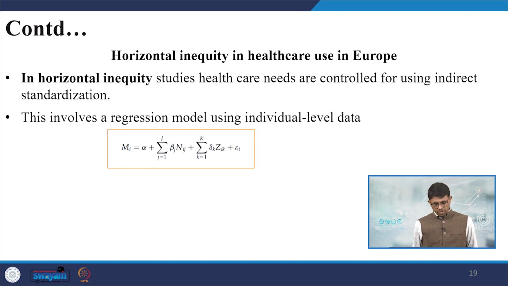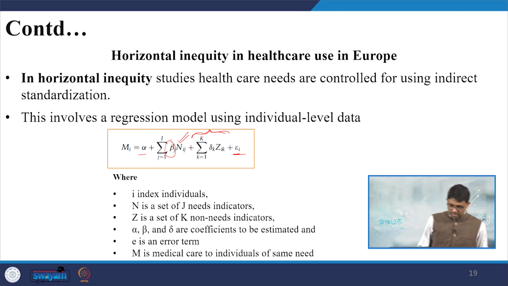This regression model takes the need variables as well as non-need variables, with beta coefficients, a constant term, and the error term. Since we are emphasizing the need based variables, this part might also be added with the error distribution. M is precisely the medical care to individuals of the same need. N is a set of J need indicators, and the other is a set of K non-need indicators.